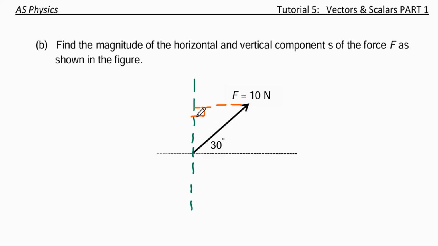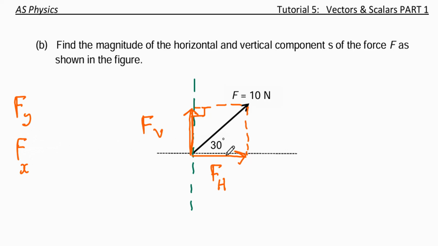And the vertical component will be given by this vector. So we can write the vertical component as FV or even as Fy. Then to find the horizontal component, we similarly drop a perpendicular onto the horizontal plane. And this will give us the horizontal component, FH, or we can even use Fx as a symbol.